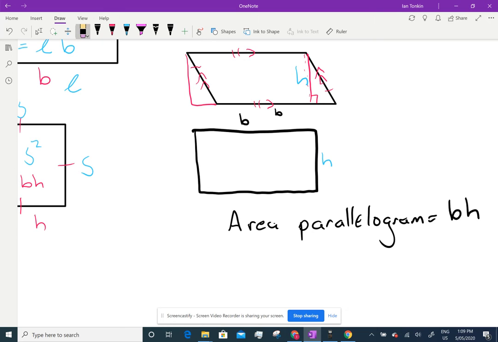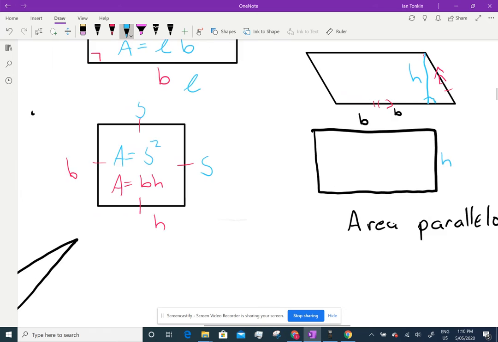And remember, the height is the bit inside. So the height, the perpendicular height is in here.